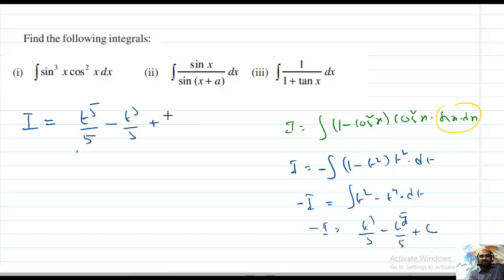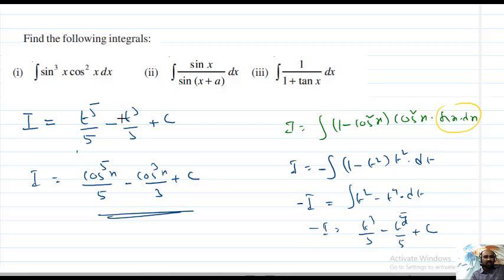That is not a big problem. Plus c also you can write, that's a constant only, no? Now finally, I took cos x as t, no? That's why I equals cos power 5 x by 5 minus cos cube x by 3 plus c. This is the integral of that function.